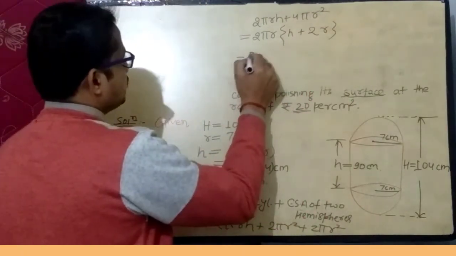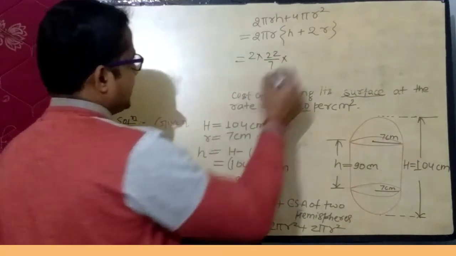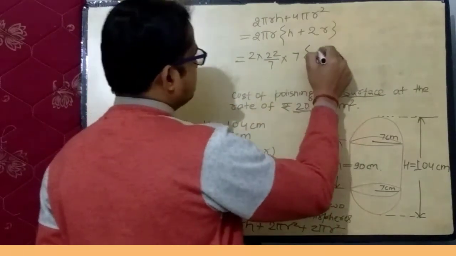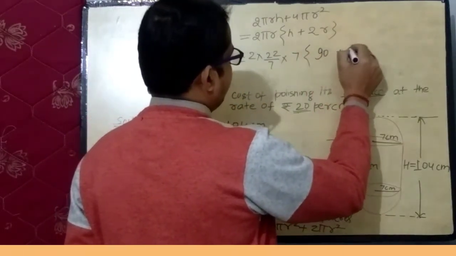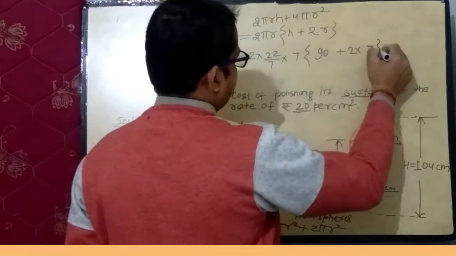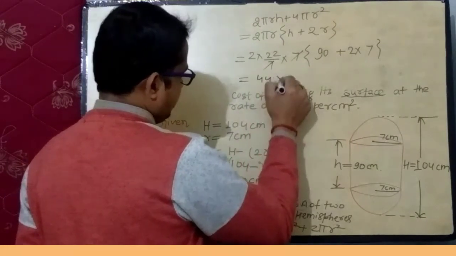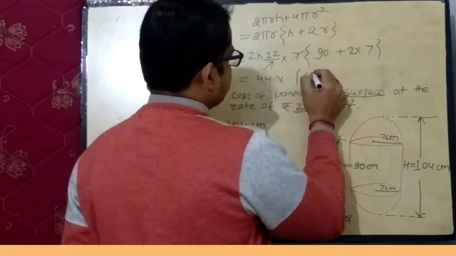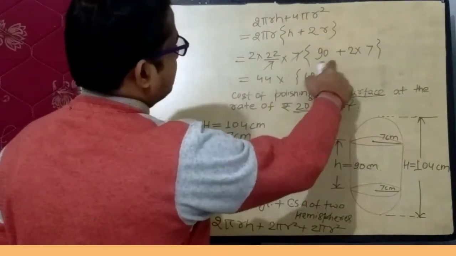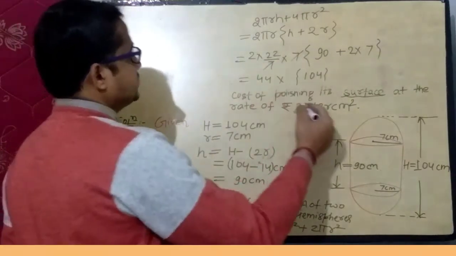Now 2 into 22 upon 7 into small r, which is 7, bracket small h equals 90, add up 2 into small r, which is 7. So this 7 will get cancelled out. 44 into 104, that is 7 add 7 is 14, add 90 equals 104.